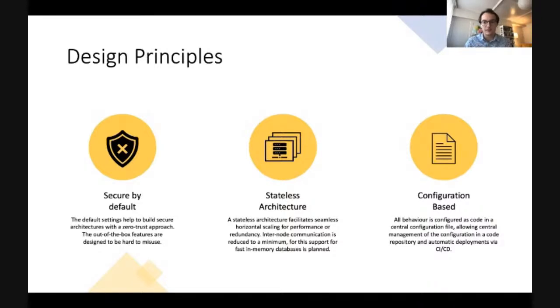Its availability is, of course, very important, and I think the best way to solve this is with redundancy. For that, this stateless architecture also helps. Of course, it also helps performance: if you have multiple instances, you can process more requests.